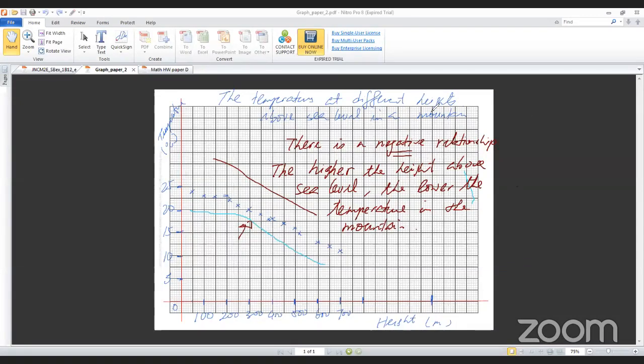The higher, the lower. And then you need to talk about which two you are looking at: the height above sea level, the temperature in the mountain. Okay, like that. This is a scatter diagram.